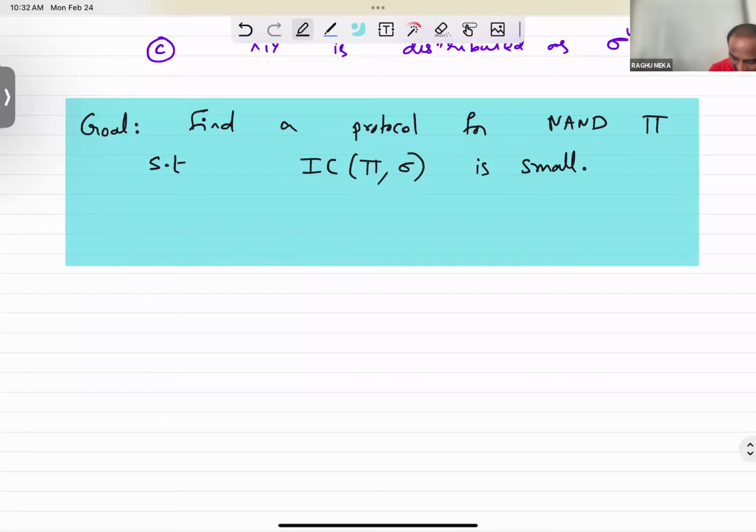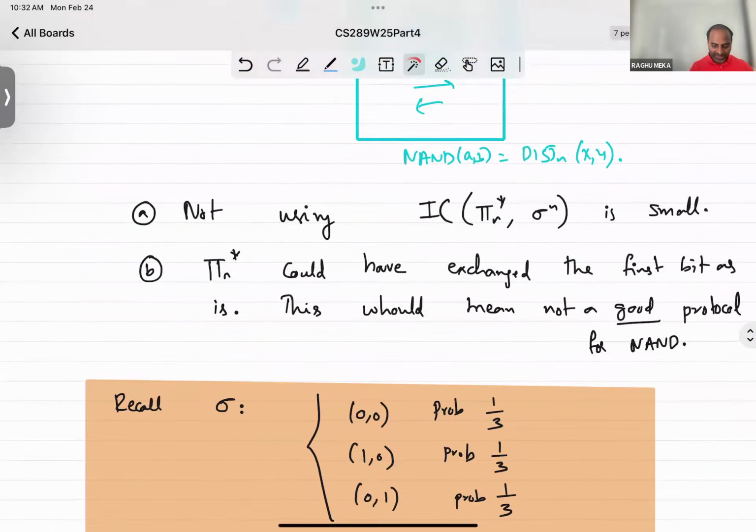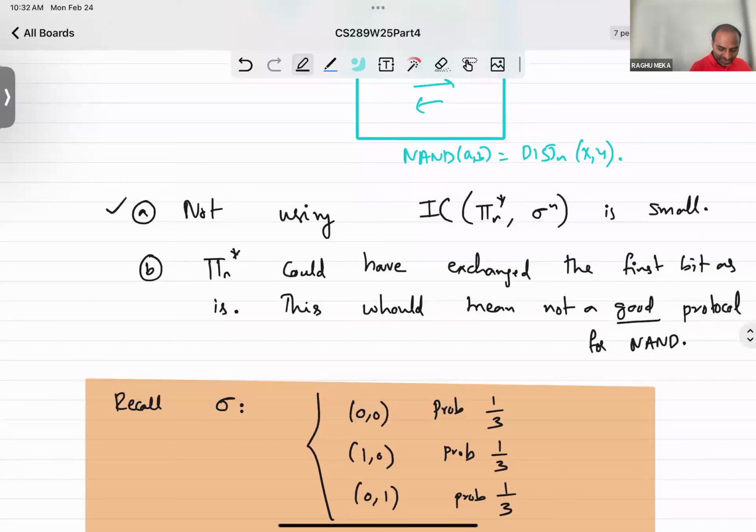We are trying to show that, in fact, by small, we want it to be 1 over n of IC of pi star n comma sigma to the n. But we are measuring the cost also with respect to sigma. So A and B are sampled according to sigma, so you can assume they are sampled according to sigma. So we have the marginals right, but there are still two issues. We already identified one of them, so this got fixed.